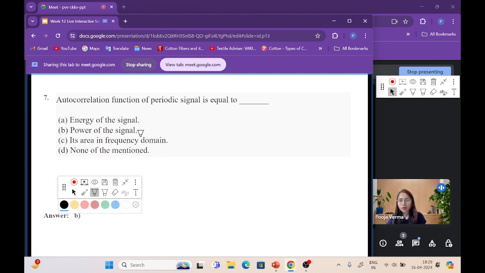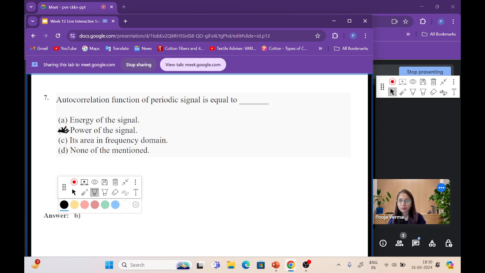The autocorrelation of a periodic signal is calculated by the power of that signal. So option B is the correct answer. The power of that signal is calculated in order to determine the autocorrelation function of a periodic signal. We will see some numerical questions in further slides.